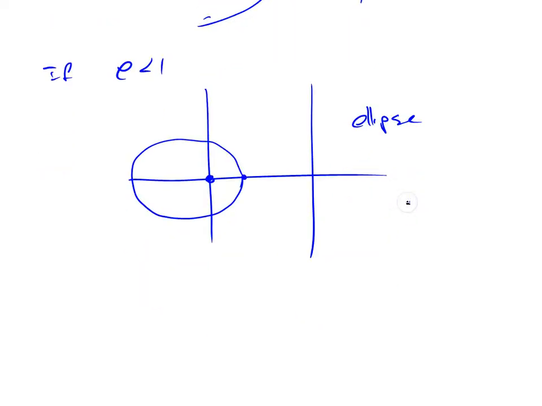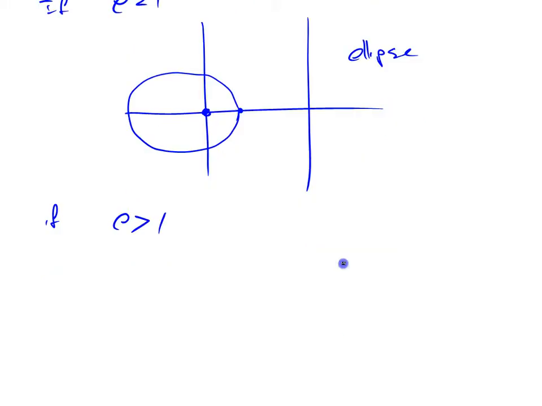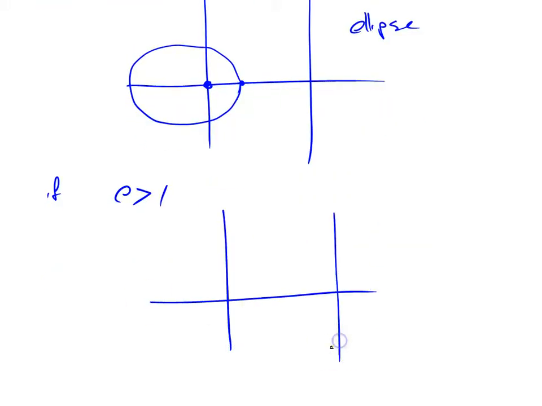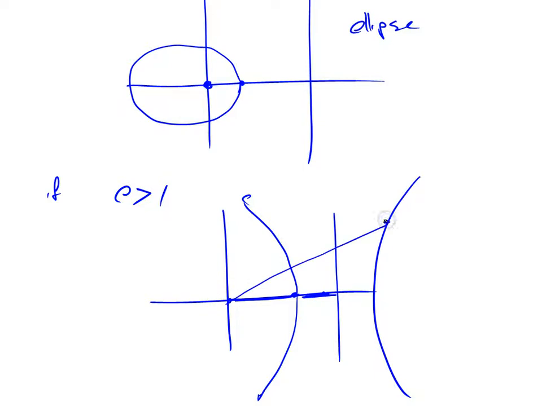And if e is bigger than 1, so that the distance from here to here is bigger than that one, then what we end up with is a hyperbola. Not obvious, but we also can get points behind us here. When you look at this distance divided by that distance, you might end up with a similar amount.